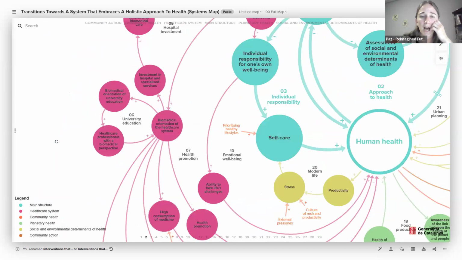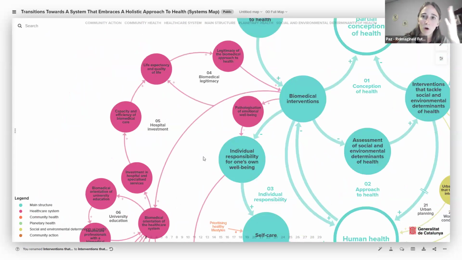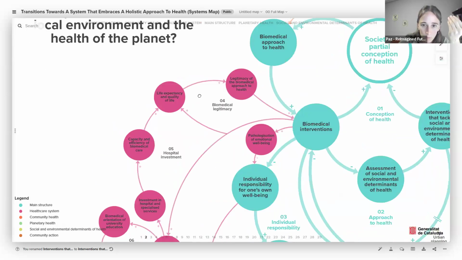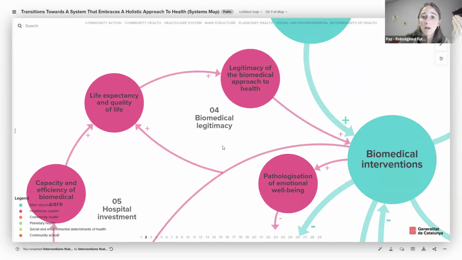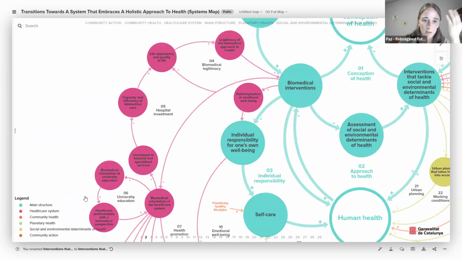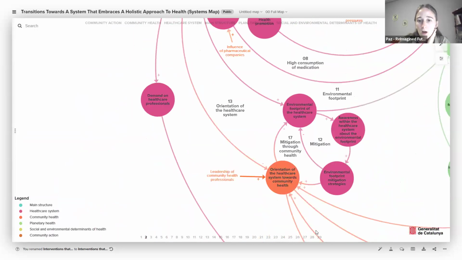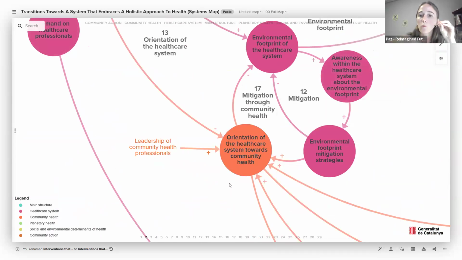Yes, depending on the focus of the preventive care, we have some of those interventions right here in the biomedical orientation, because as we said with the legitimacy, vaccination, for example, is part of this biomedical approach. But we also have, and it's the region that I'm going to explain now, emerging initiatives of orienting the healthcare system towards community health, and there are a lot of preventive interventions in there.